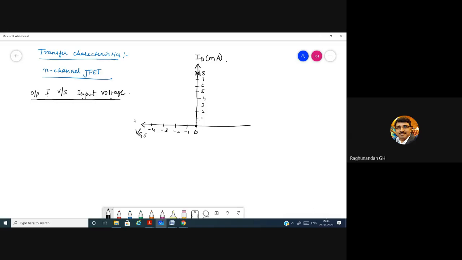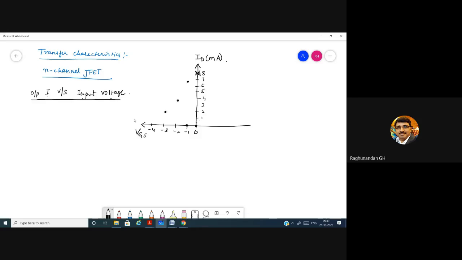Okay, 8. Then I am going to keep VGS at -1 volt. What will happen when I keep -1? Whether it will reduce or increase? It will reduce. Let us say the current is here. Next, if I take -2, then again it will reduce.